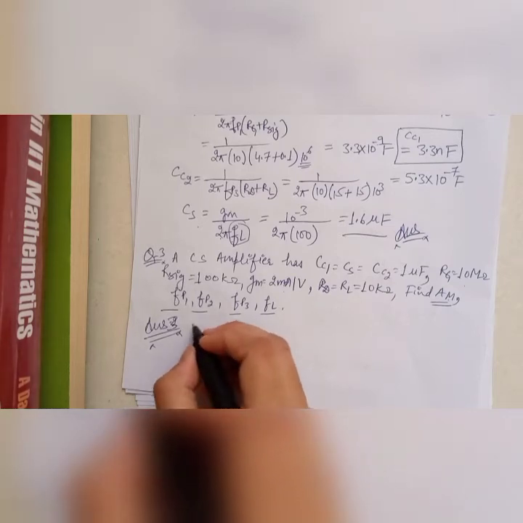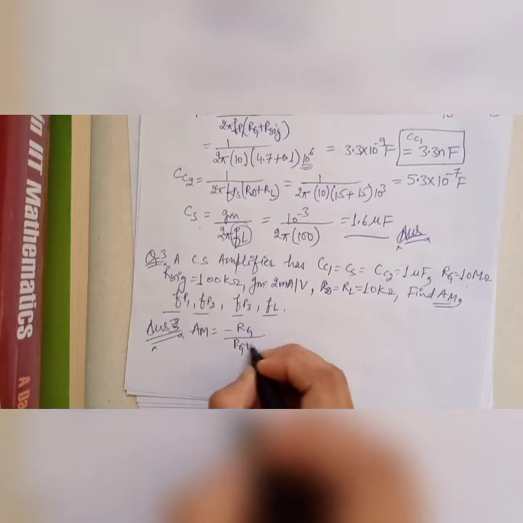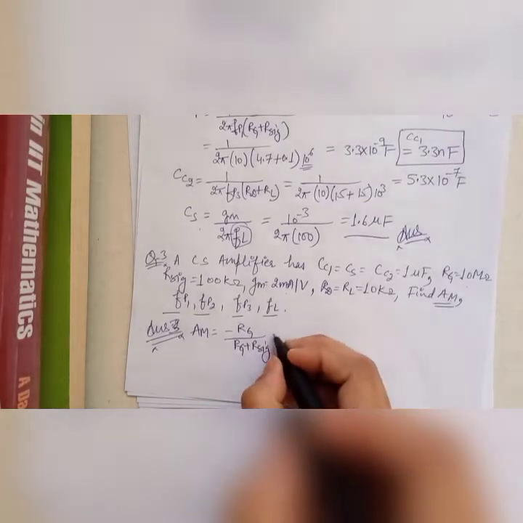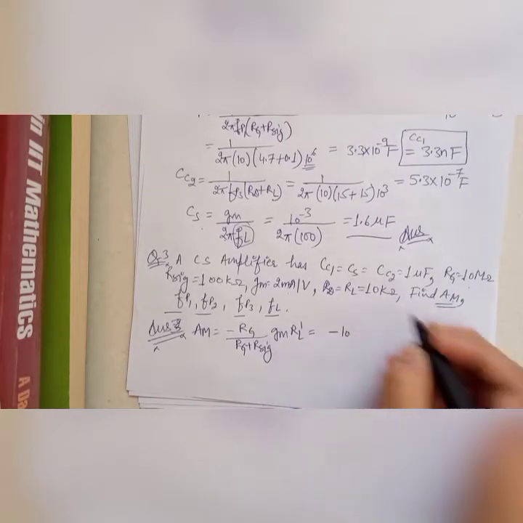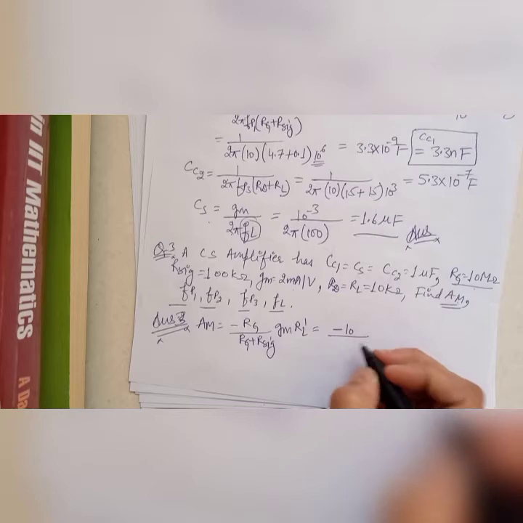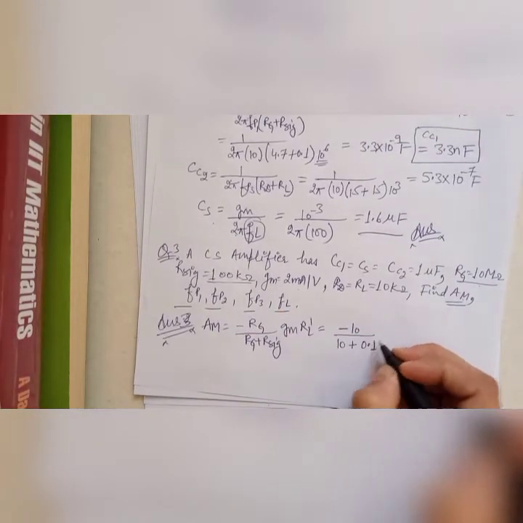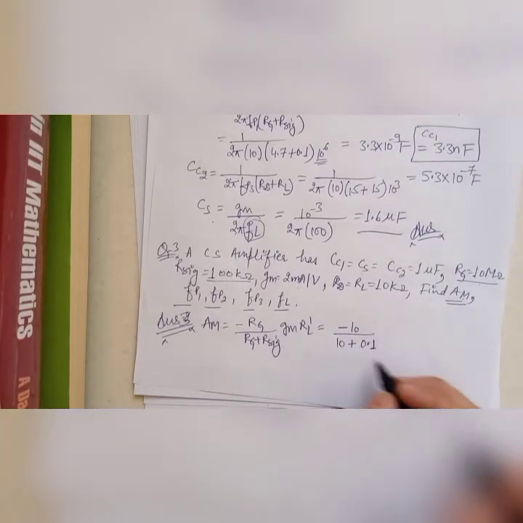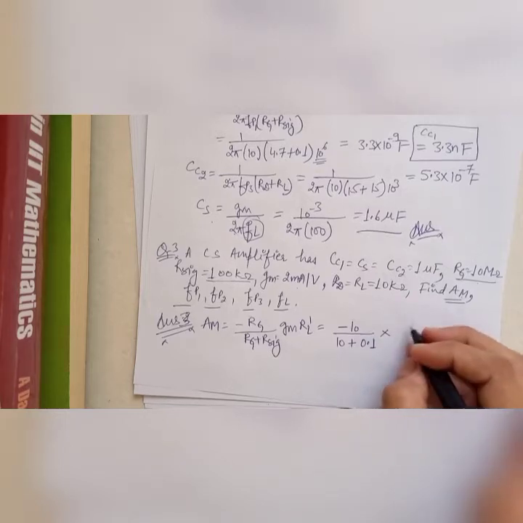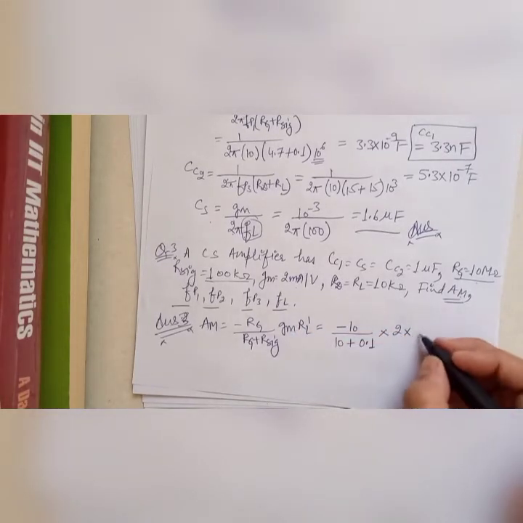So first we'll find out AM. The AM formula we have is minus RG over (RG plus RSig), into gm RL dash. Substitute the values: minus 10 divided by (10 plus RSig, 100 kilo ohms). I'll convert this into megaohms, so mega at the numerator will cancel with the mega unit in the denominator. gm given to you is 2 milliamp, so you can write 2 into 10 to the power minus 3.